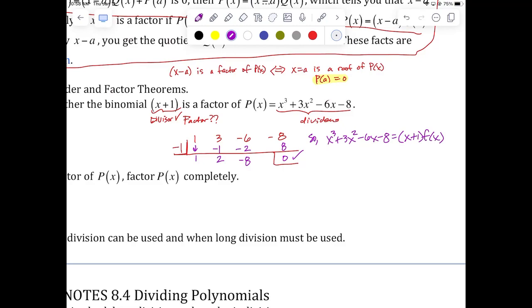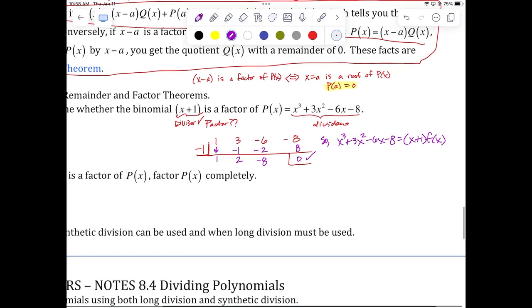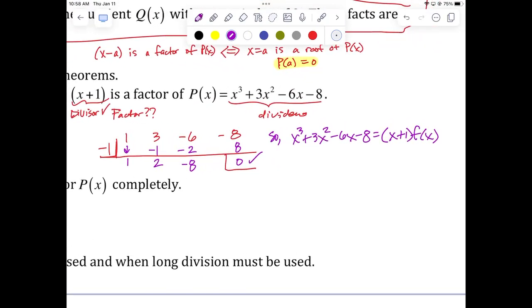So sometimes, if you don't know how to factor by grouping or by any other method, you can almost do a guess and check. You could say, is x plus 1 a factor? Well, let me try negative 1. If it is, I got one of the factors. Okay? Now, do we know what f of x is? Is there a way to figure out what that other factor, f of x, is?